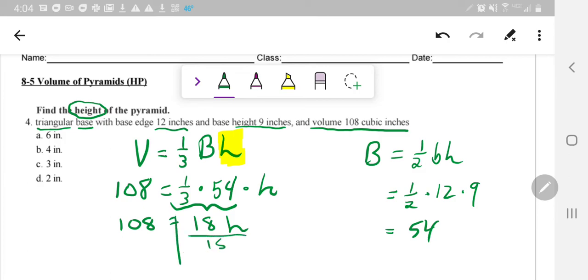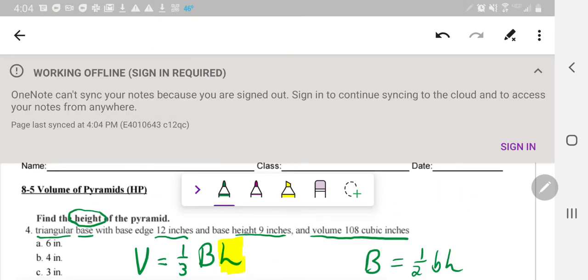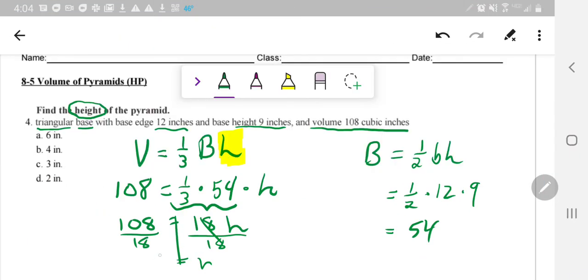So we divide by 18, divide by 18. h equals 108 divided by 18. It comes out so nicely: 6.